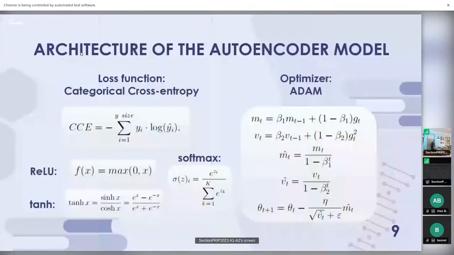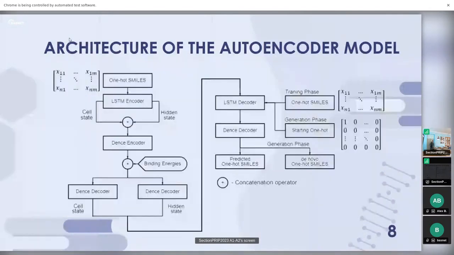Okay, so there are some formulas. As a loss function, we used categorical cross entropy, which is quite a simple and useful function for autoencoders. And as an optimizer, we used Adam, which is quite a usual tool. There are some results of our training.